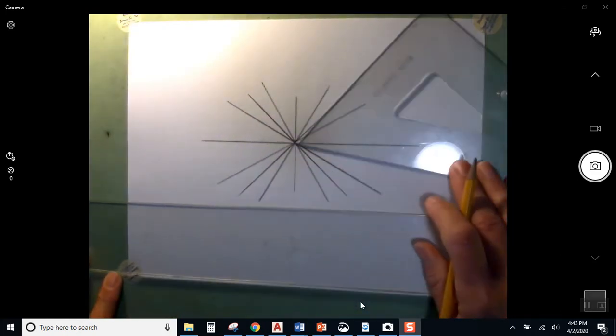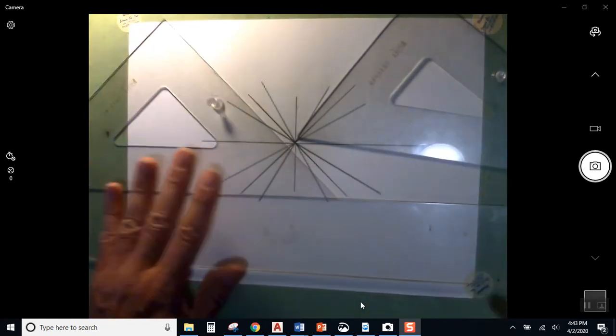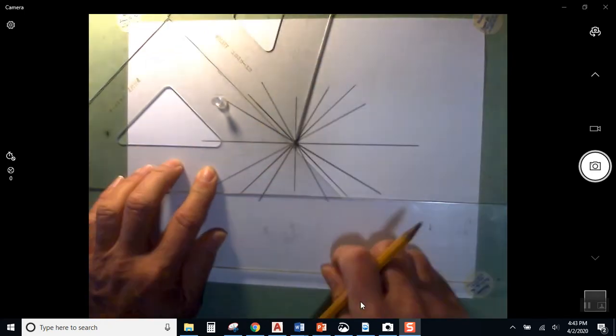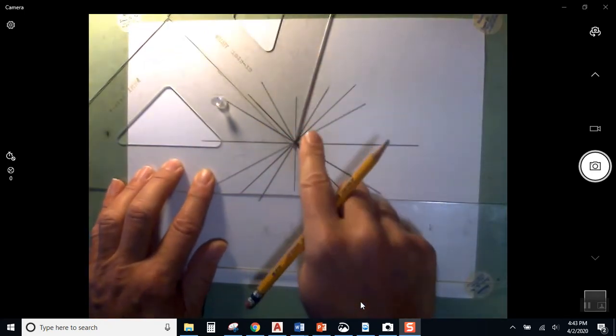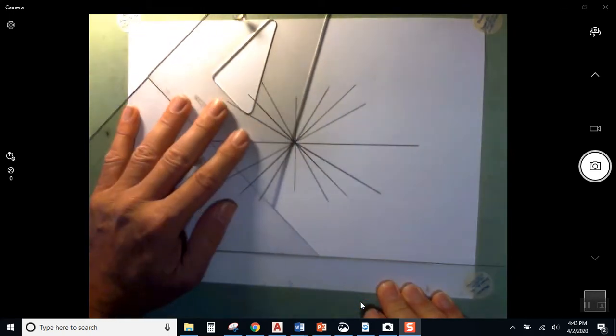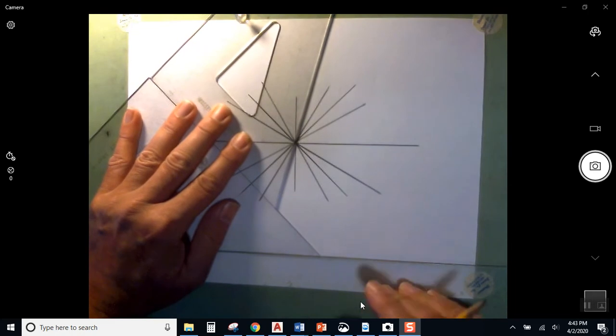Alright, and then with a little piggybacking, I take 45 and I add 30. See, this gives me a new angle. This gives me 75. So I'm going to slide that over and knock those two out.